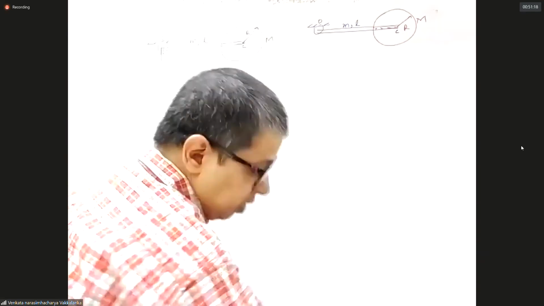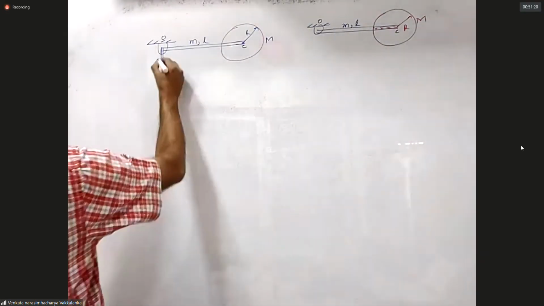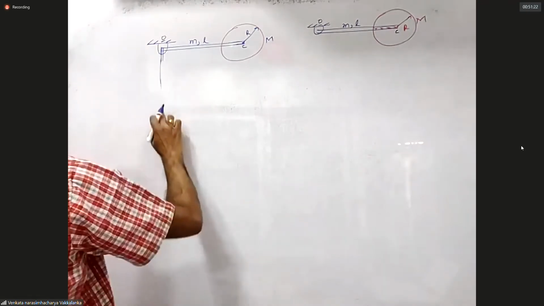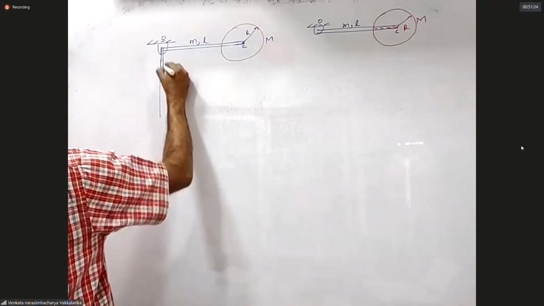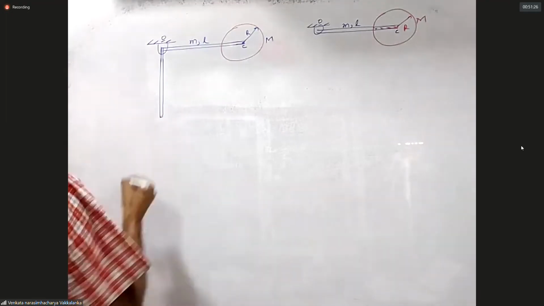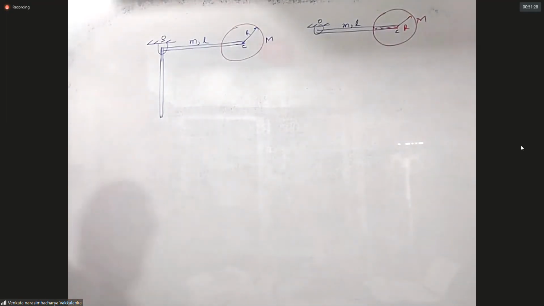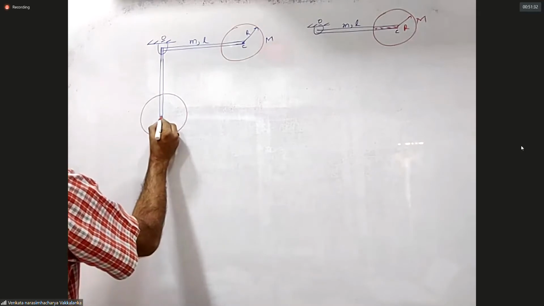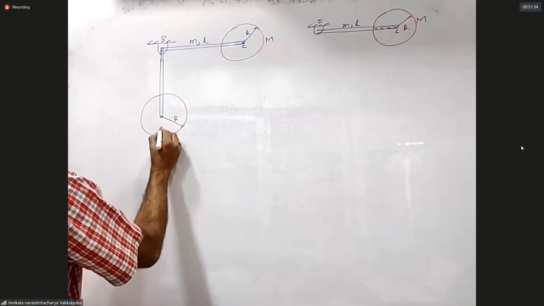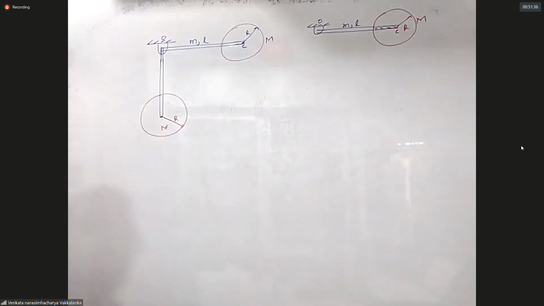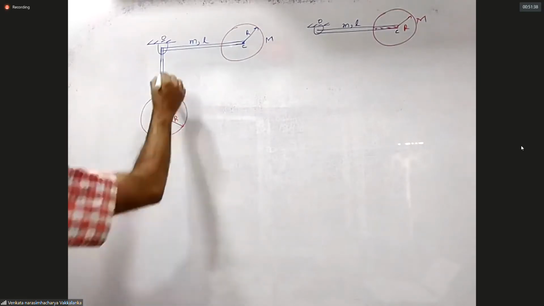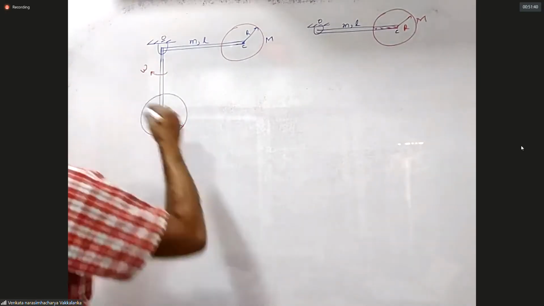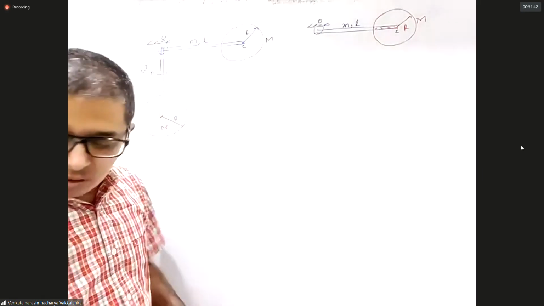First tell me what you will do and then start solving. Don't be distracted. When it came to the lowermost point, find the angular velocity. Same applies to this.